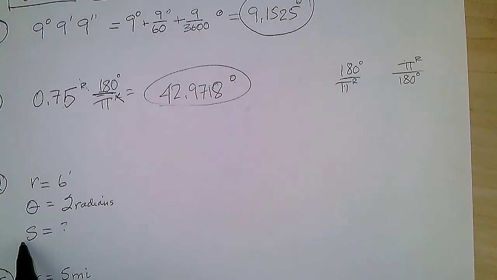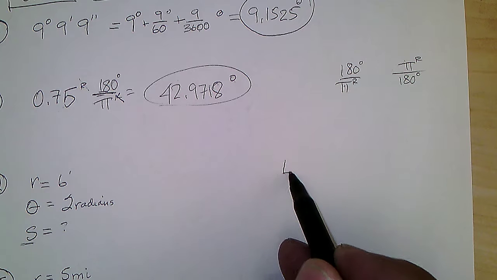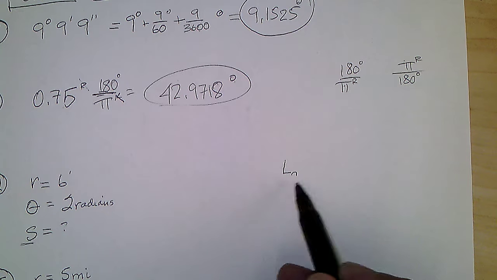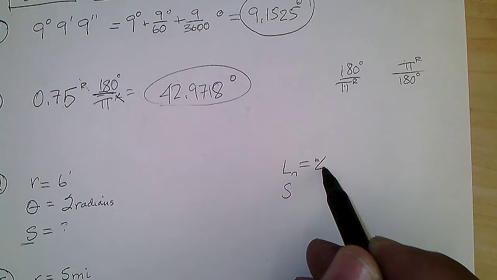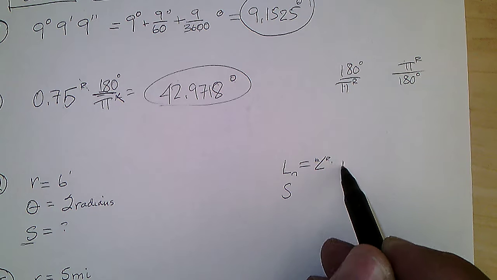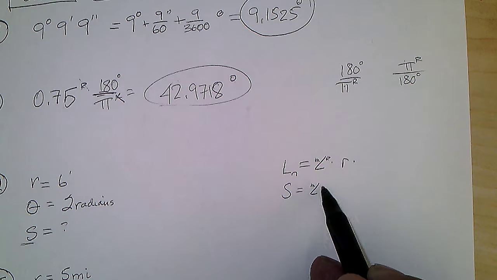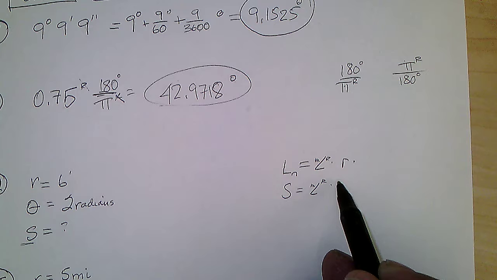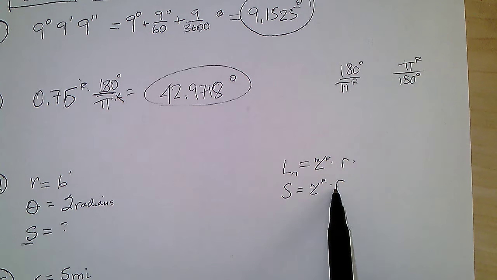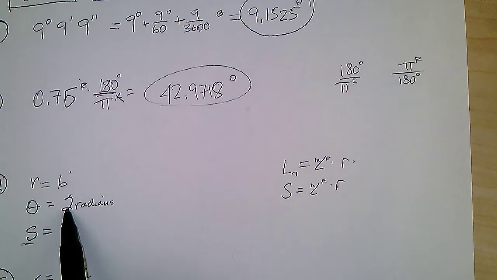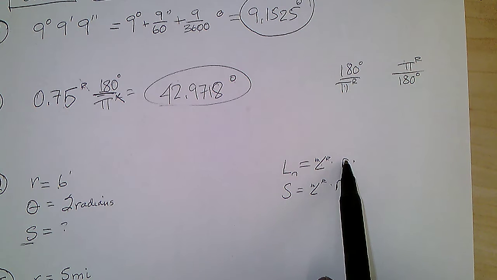Next one, it says arc length. Now I used arc length as length of the arc. They use S. The formula is the measure of the angle in radians times the radius. You tell me the radius is 6. The angle in radians is 2, so I have 2 times 6.